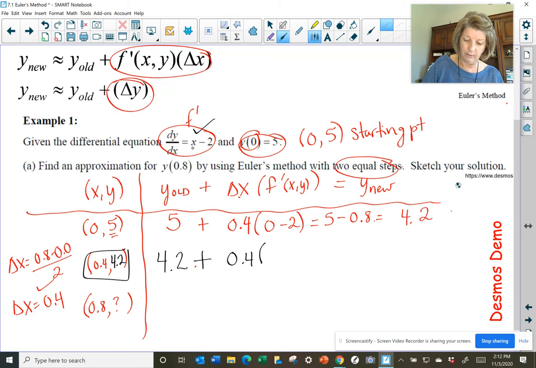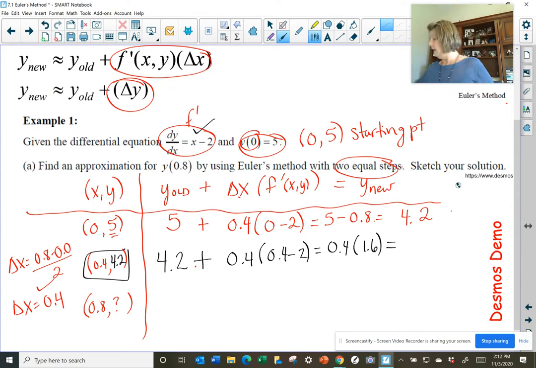So I'm going to put in 0.4 minus 2, which gives me 0.4. 2 minus that would be 1.6. Hopefully you can see why most of the time these are calculator active. So I'm going to end up with 0.4 times 1.6, which gives me 0.64.